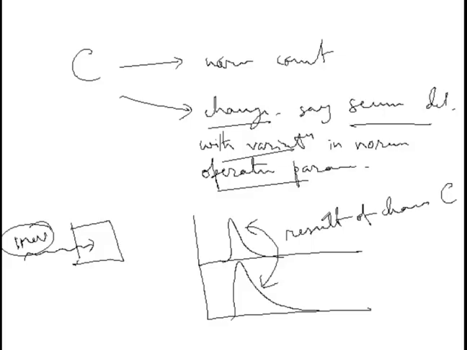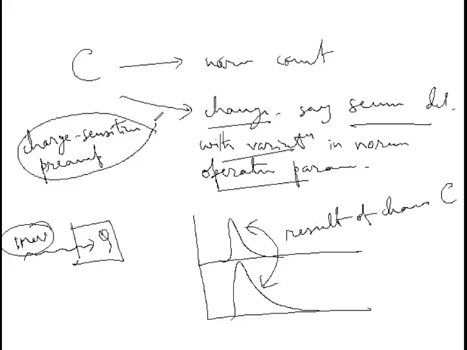So, in order to preserve the basic information carried by the magnitude of charge Q, this is important, a type of preamplifier circuit known as the charge sensitive configuration, charge sensitive preamplifier, is used.